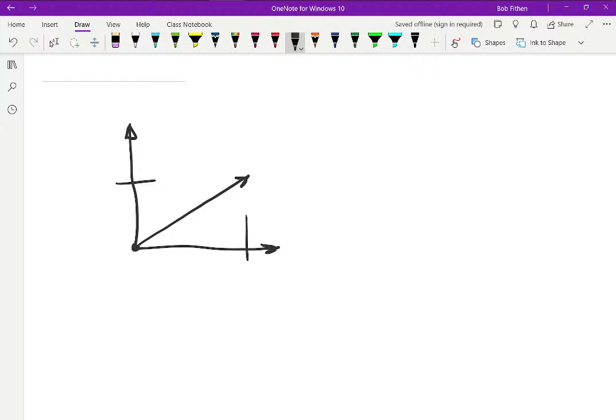So let's say we have 4 and 3, and then we pull it directly to the right. So this is our R, this is our F. Let's just make it 10i, where that's X and that's Y. Well, that one's easy to do. R is equal to 4i plus 3j.